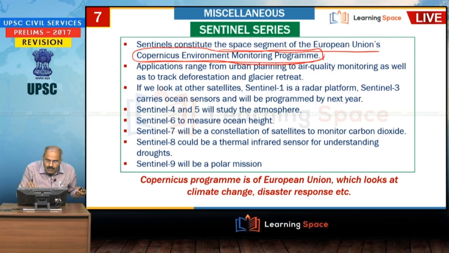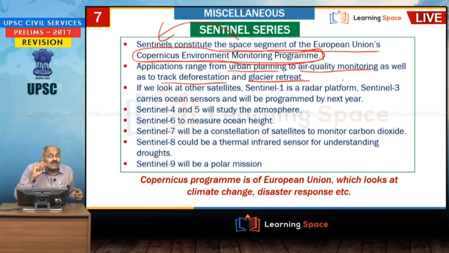This is a most important program, the Copernicus Environment Monitoring Program, and one segment of it, or you can say space segment, is Sentinel. So the Sentinel program is the space segment of the European Union's Copernicus Environment Monitoring Program. So here applications range from urban planning to air quality monitoring, as well as to tracking deforestation and glacier retreat.